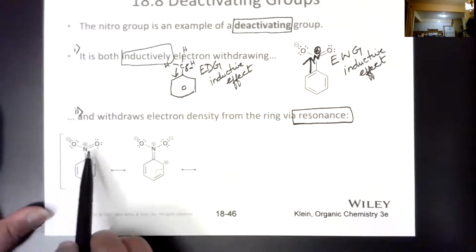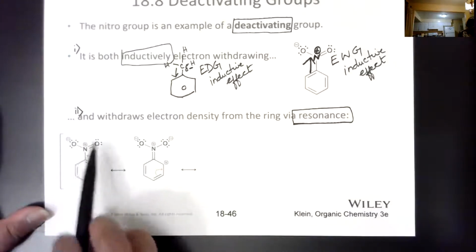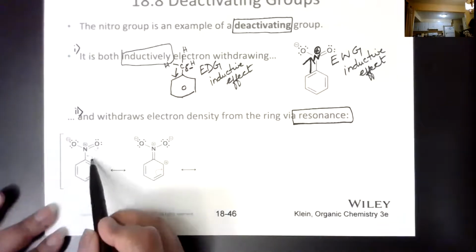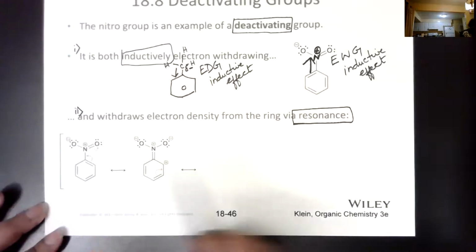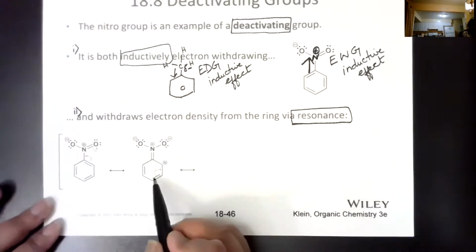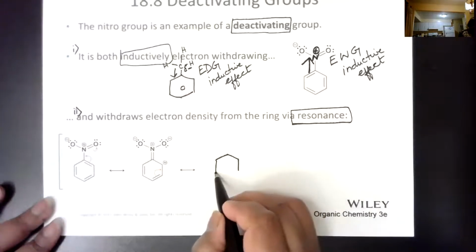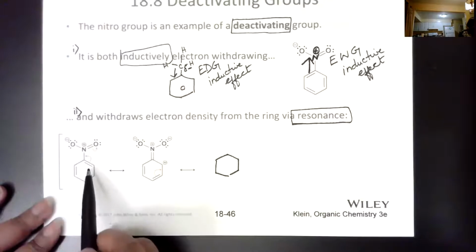So you have the nitro group. Look at how the Lewis structure is drawn. You should be able to draw all of that. And then this goes over and moves there. And then you get a positive charge, and you can move that. And look what happens here.